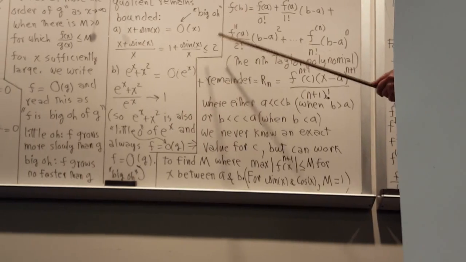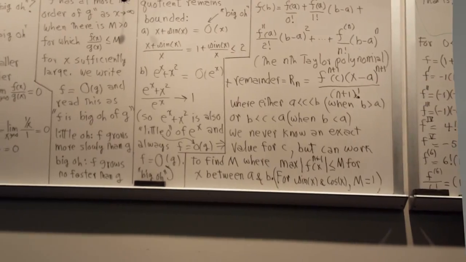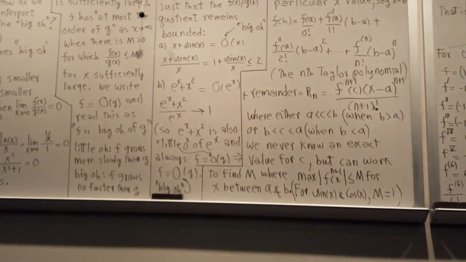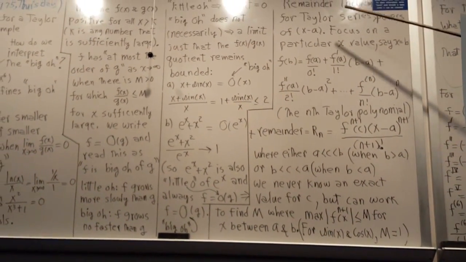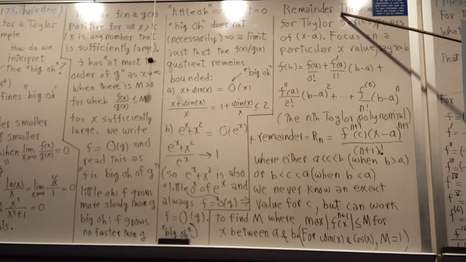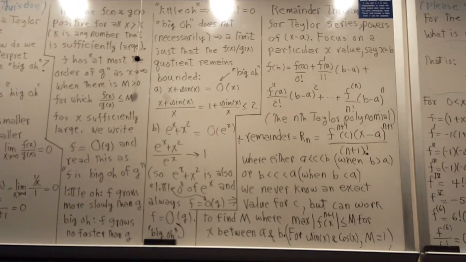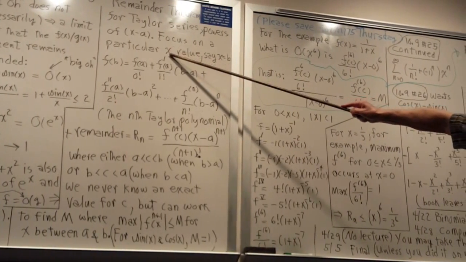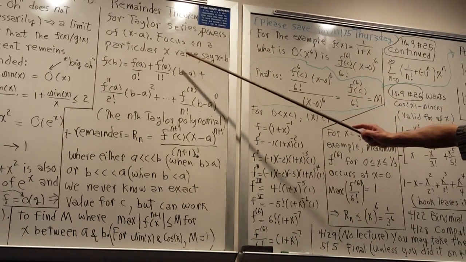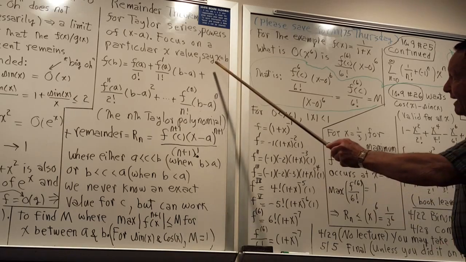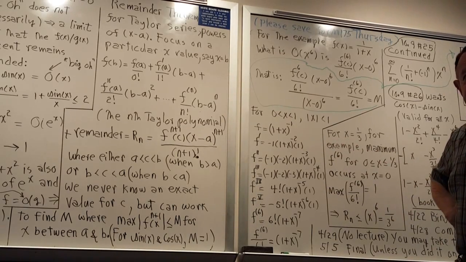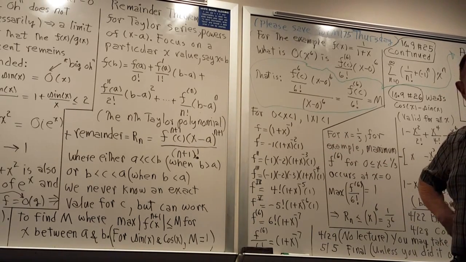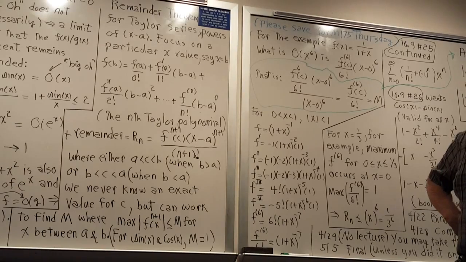Come back to our application of the big O idea. If you look at the remainder theorem for Taylor's series in powers of x minus a, then you focus on a particular x value, say x equals b, where you want to compute your function by using a Taylor series.